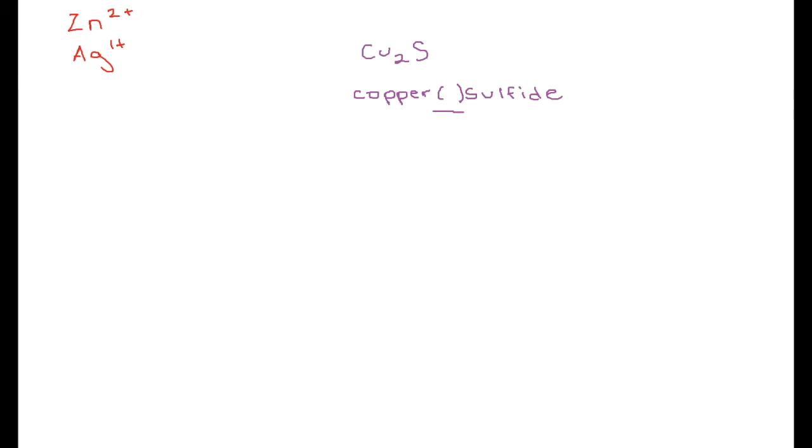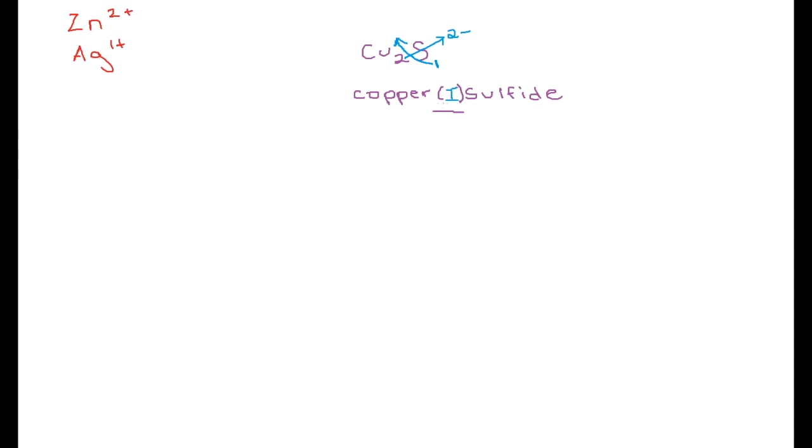So here's the trick that I use. I uncross my charges. So I say, all right, this 2 came from the charge of sulfur, which was 2-. And so I check the periodic table and I say, yes, indeed, the charge of sulfur is 2-, so I'm good. The subscript for sulfur is an implied 1 right there, which means that the charge of copper is 1.